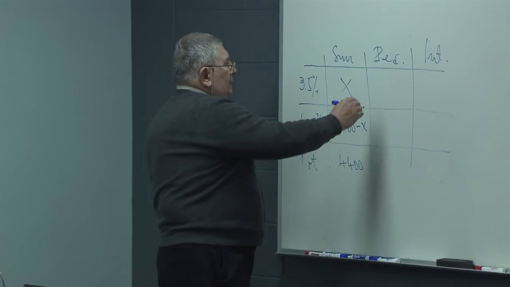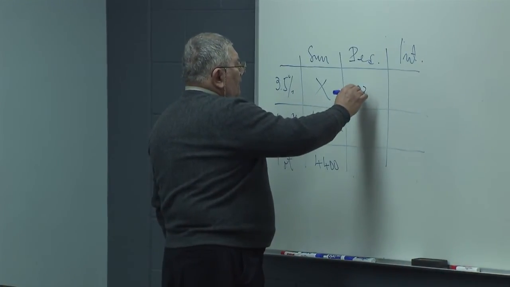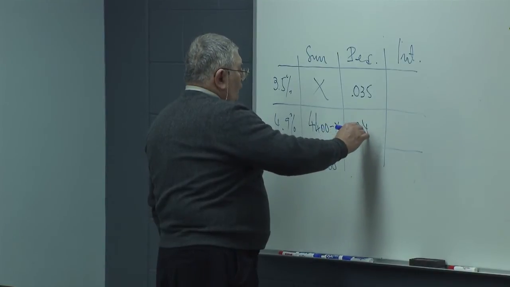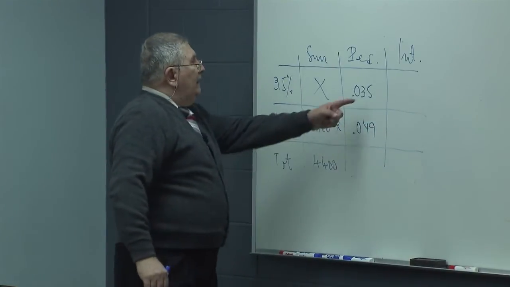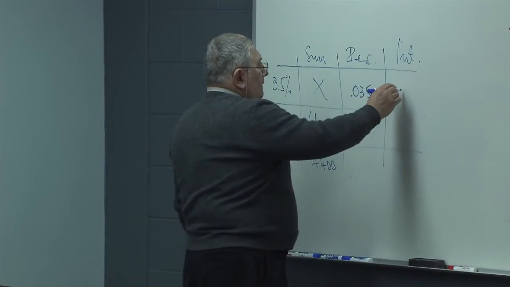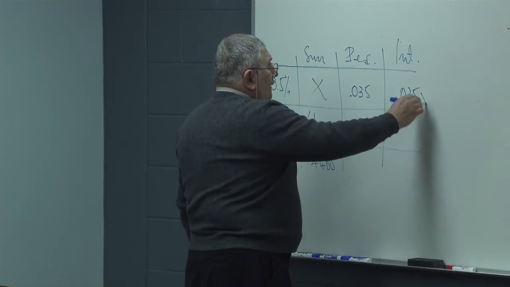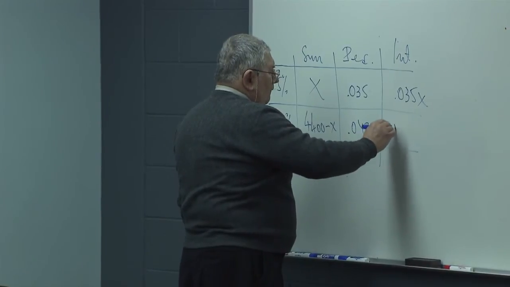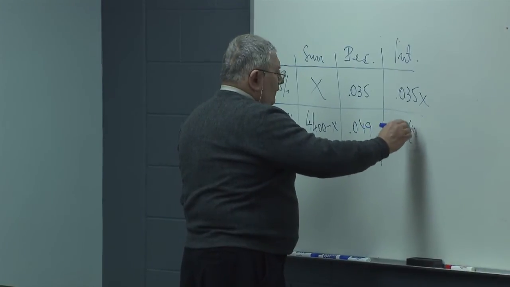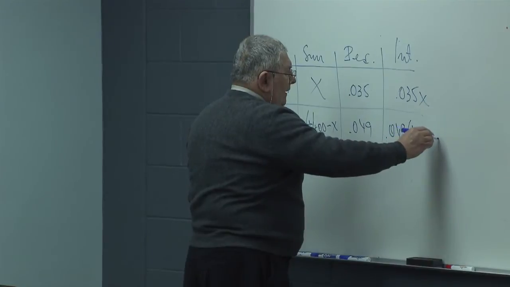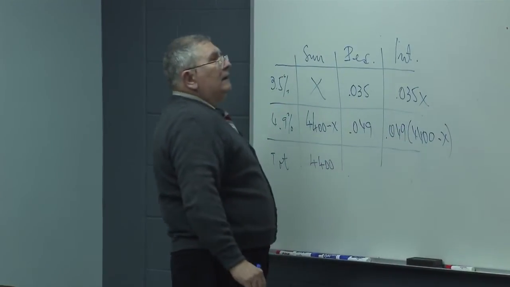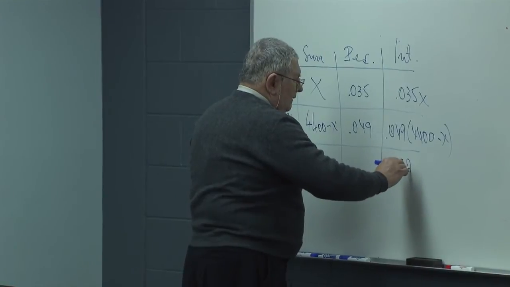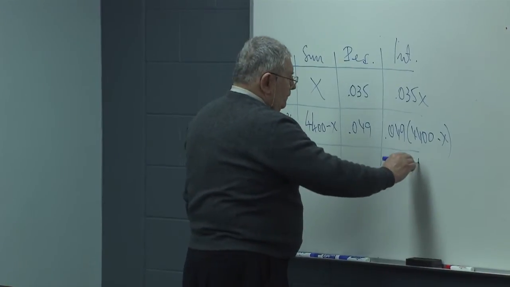Here the percent is 0.035. Here the percent is 0.049. The interest is 0.035 times X. The interest is 0.049 times (4,400 minus X). And here the total interest is 190.4.